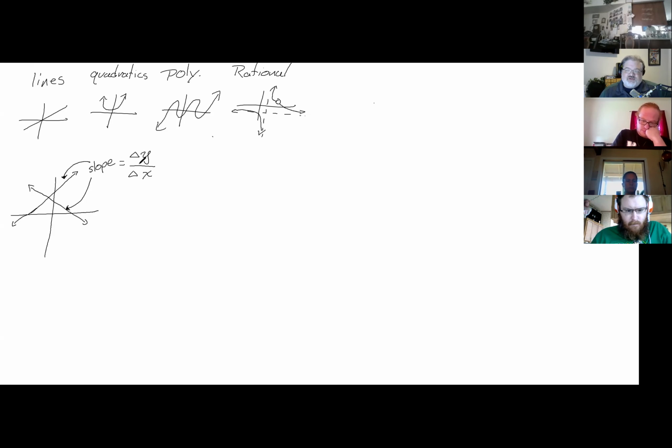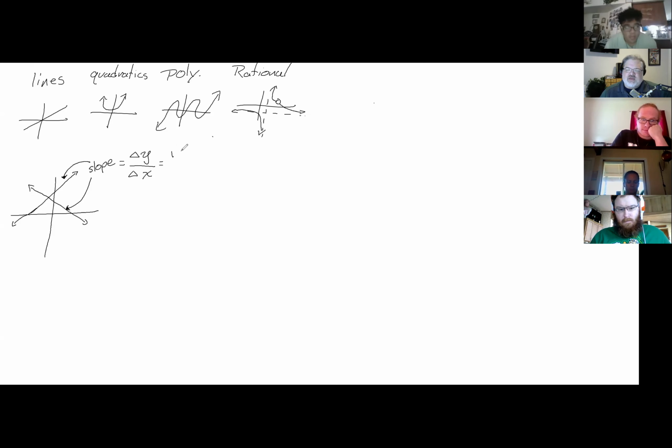If you haven't seen it before, this triangle is the Greek uppercase delta, so delta y over delta x. We use delta often for change in. So this really just says the change in y over the change in x. That's how we calculate our slopes.